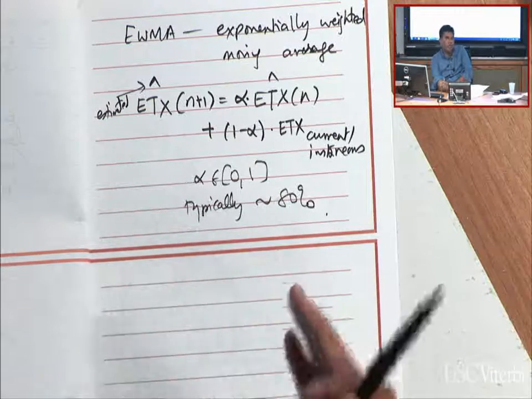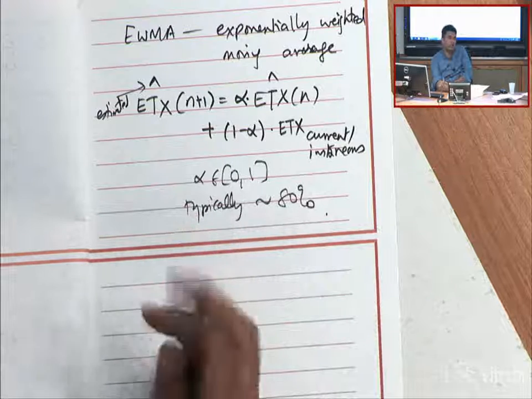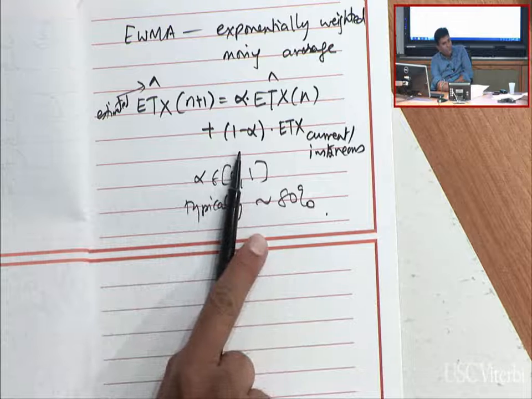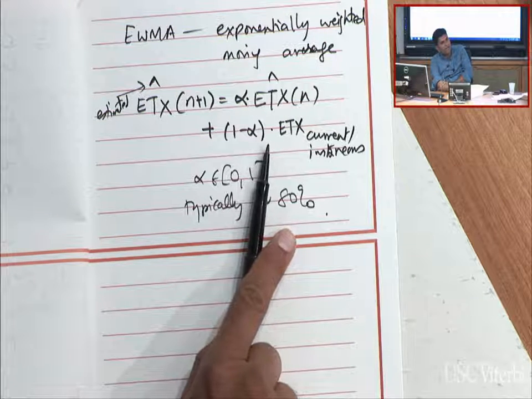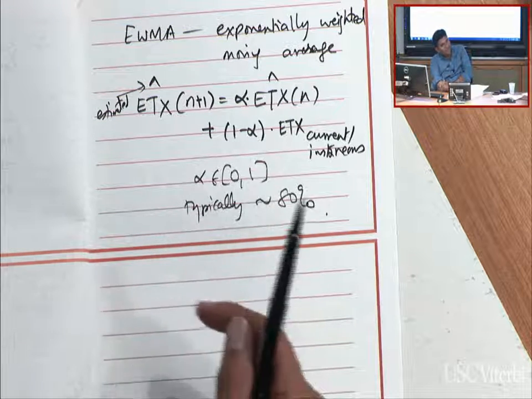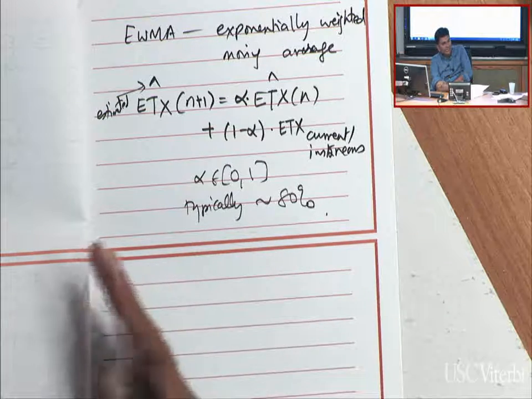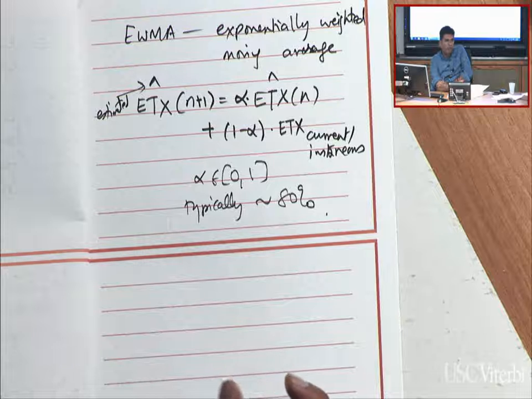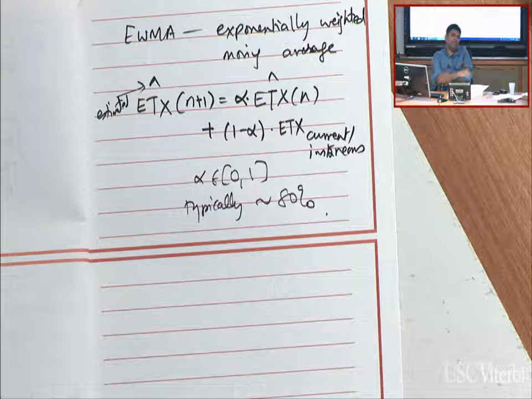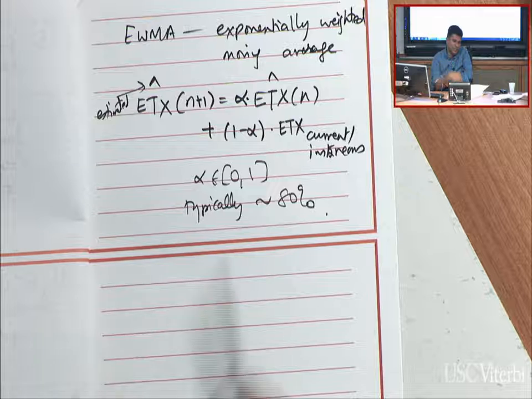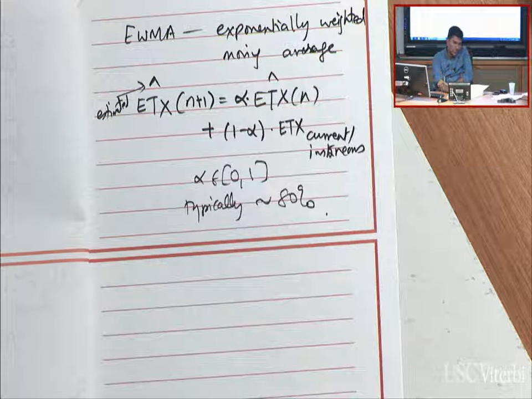Over time, a measurement from 2 time steps ago gets weighed by 1 minus alpha the first time it shows up, and then alpha the time after, another alpha the time after, and so on. So basically, as time goes on, any particular value that you measure, its impact on a future estimate decays exponentially with the number of packets that have passed between now and then. Okay, so that's the sense in which it's an exponentially weighted moving average.